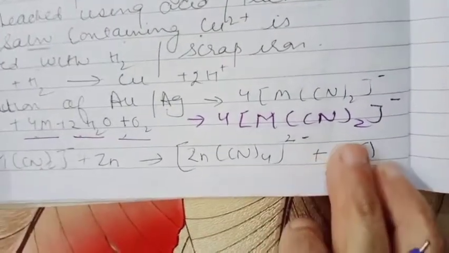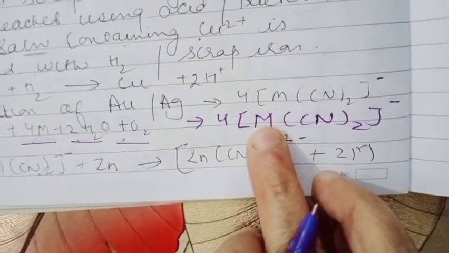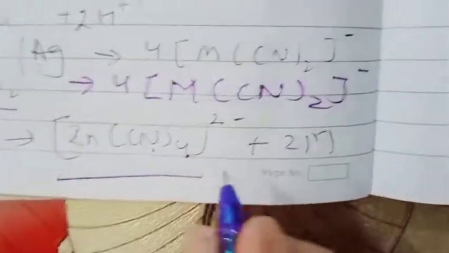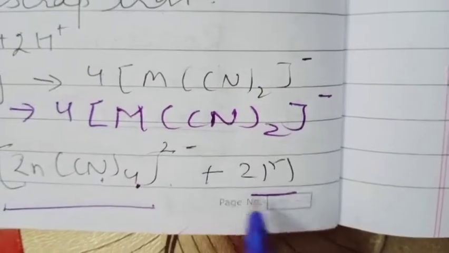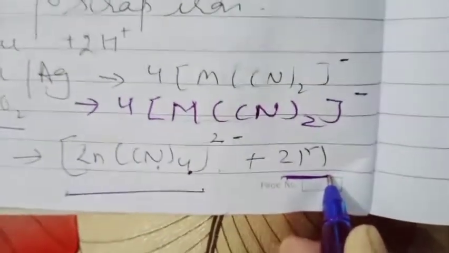This complex is a dicyanide complex. If it is silver, argentate ions can be reduced with the help of zinc. Zinc displaces this silver or gold, forming its own complex, that is tetracyanidozincate ion, and the metal, gold or silver, is recovered.